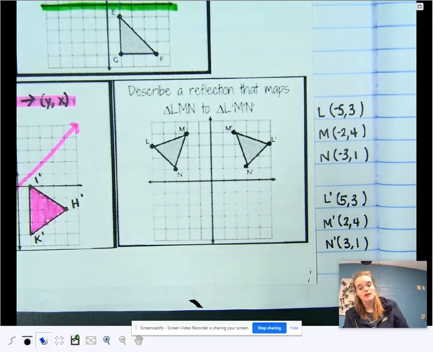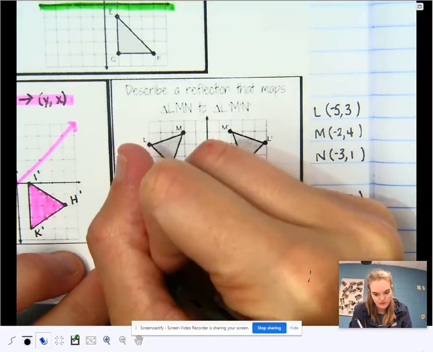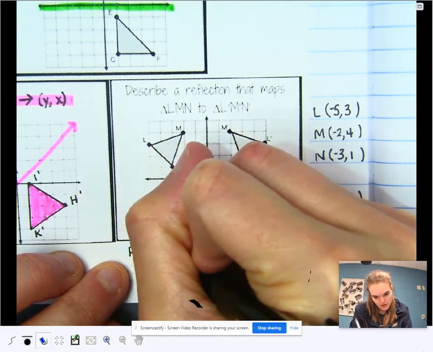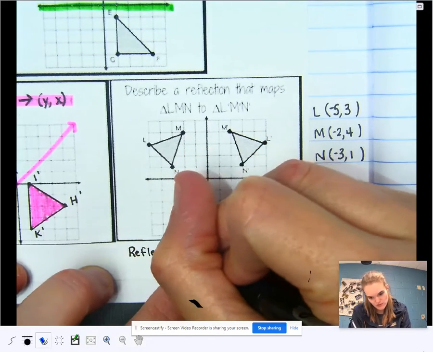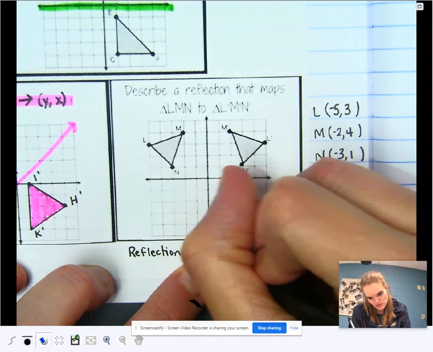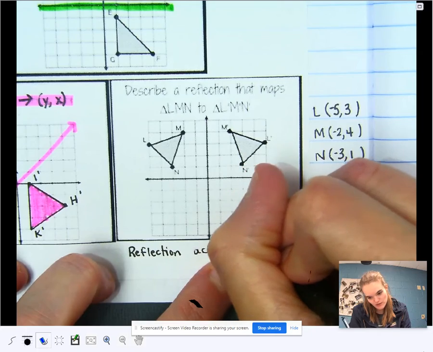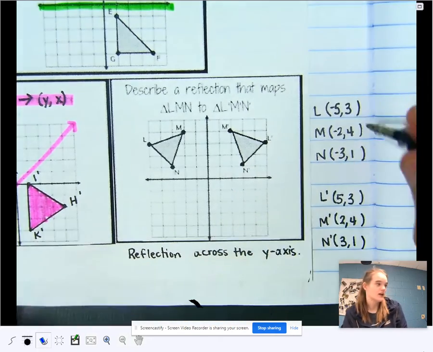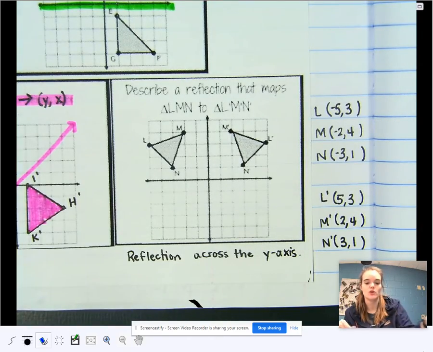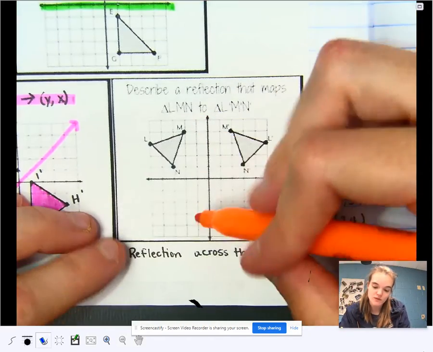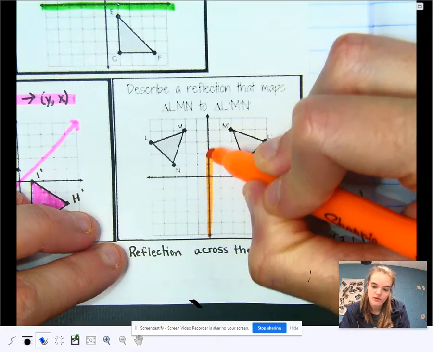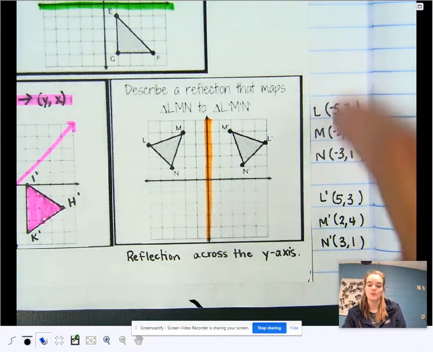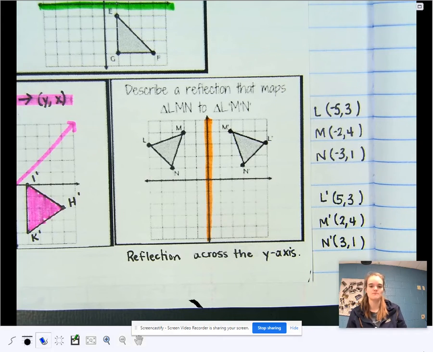So therefore, it definitely is a reflection across the y-axis. You did not have to write the points, I want you to for notes. But in future, you don't have to, because you should be able to identify them. If you can't, write the points down and see what happened, okay?